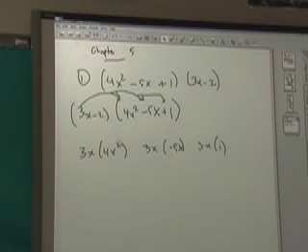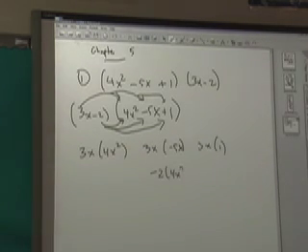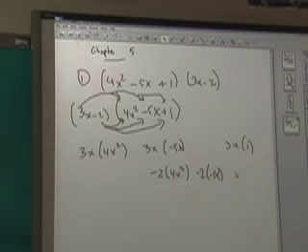And then down here, negative 2 onto 4x squared, negative 2 onto negative 5x, and negative 2 times 1.